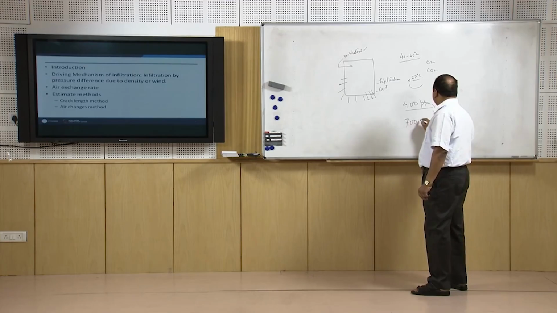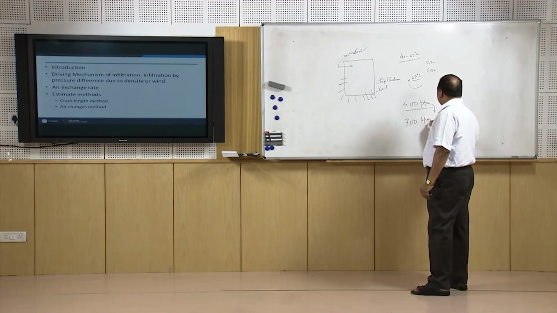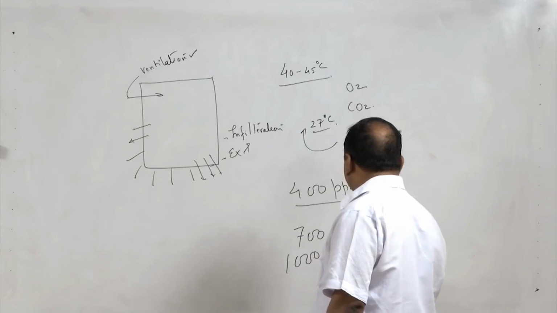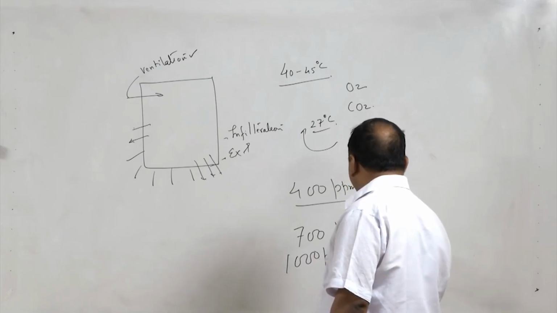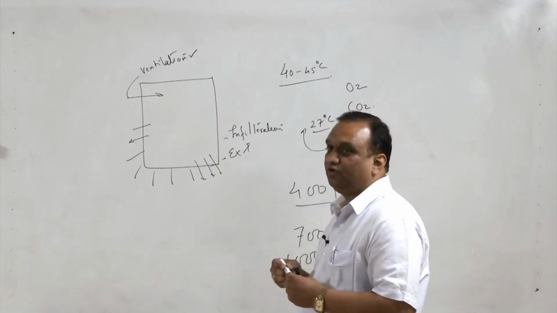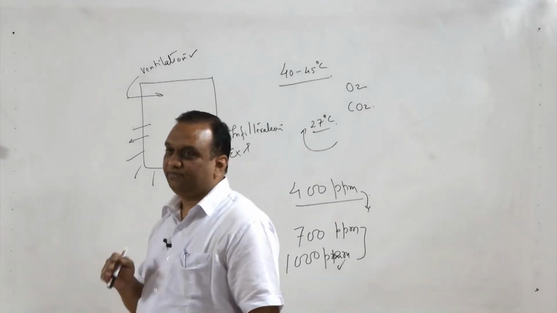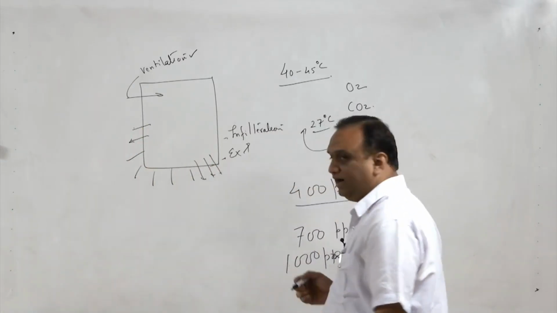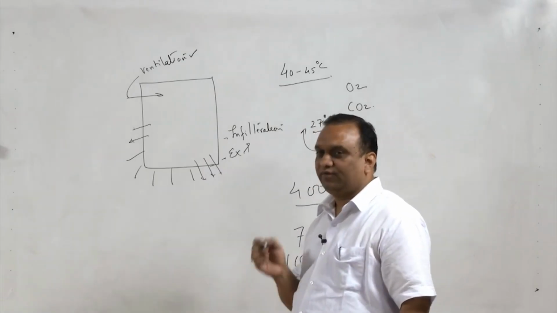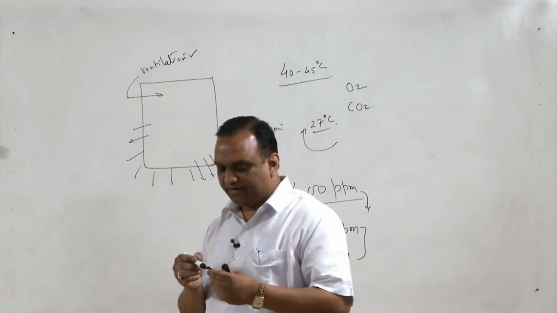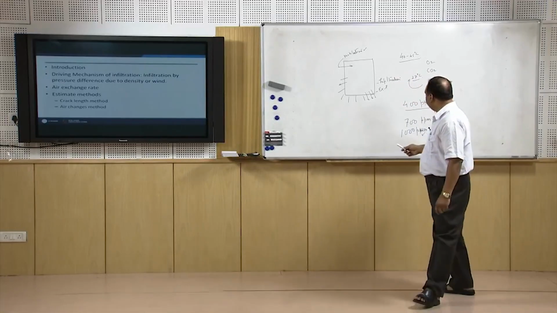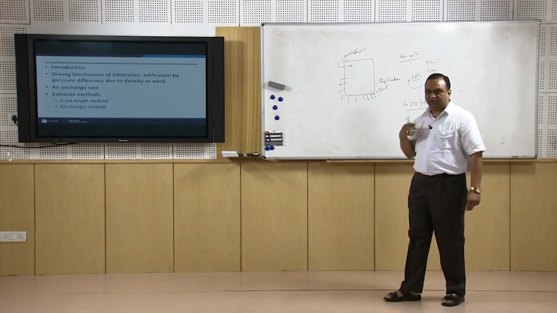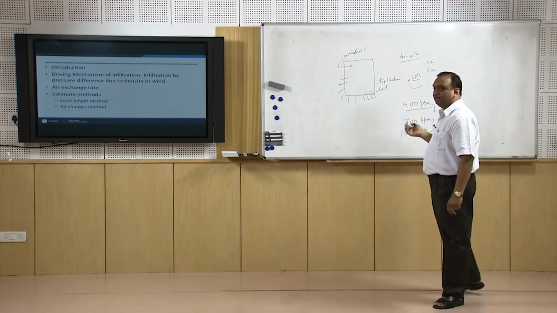Normally it is recommended that carbon dioxide should be around 400 ppm, and the level of carbon dioxide in the occupancy should not be more than 300 above this, maybe it can go up to 700 ppm, but not in any case more than 1000 ppm, and that is an alarming situation. When it exceeds 1000 ppm, then its effects on health are visible. People have headaches. First of all, headache starts. You will find many people who are sitting in an AC environment have headaches due to this excess of carbon dioxide, the feeling of nausea, cramps, pain in the legs.